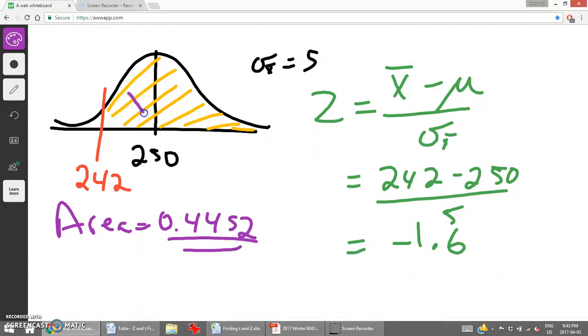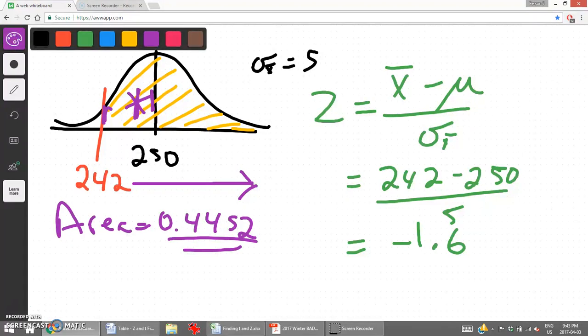This area corresponds to that section in here, from the mean to the sample mean point. To get our final answer, we want to know the probability that it is more than 242. So 242 all the way to the right. We know that it's going to include 0.4452 on the left side, but it's also going to include this value here.